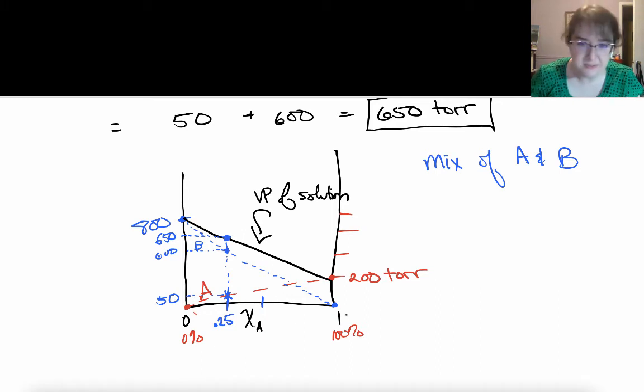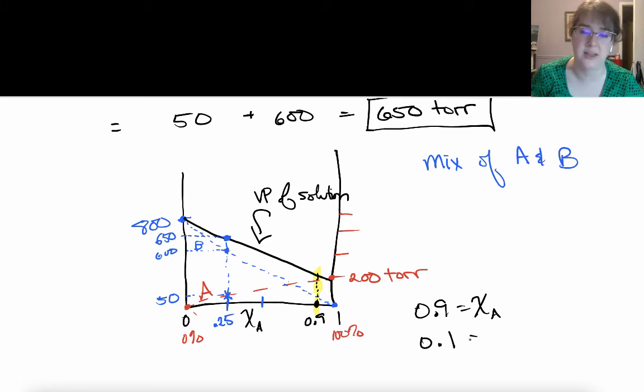So if I picked a different spot over here, and let's say that this is 0.9 in A, and I did the exact same thing, this is a completely different solution now. This area over here would be where I would have 0.9 as my mole fraction of A, which means I would have 0.1 as my mole fraction of B. And I have a completely different solution that I'm trying to describe over here on the right.